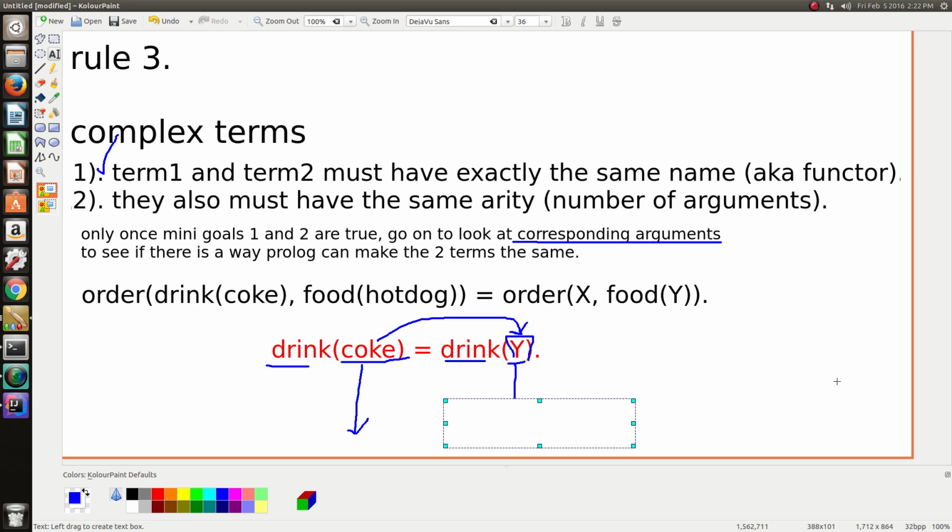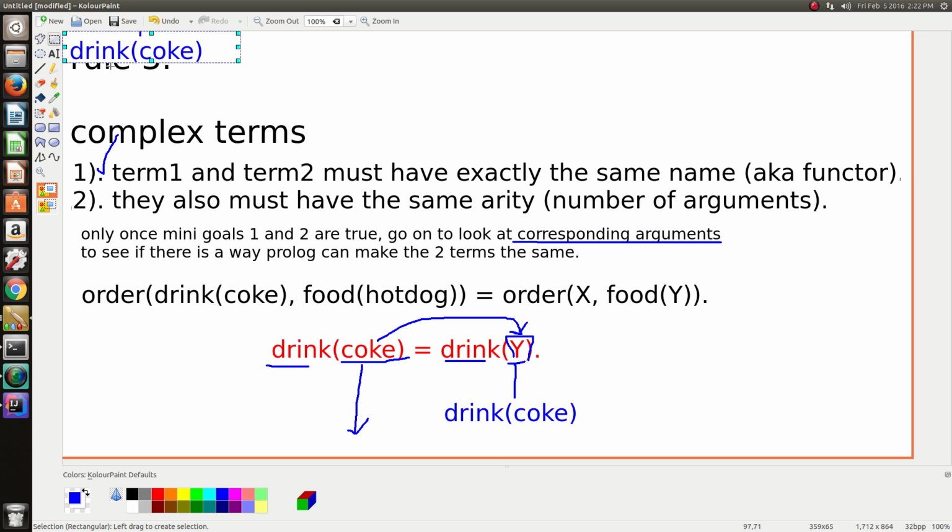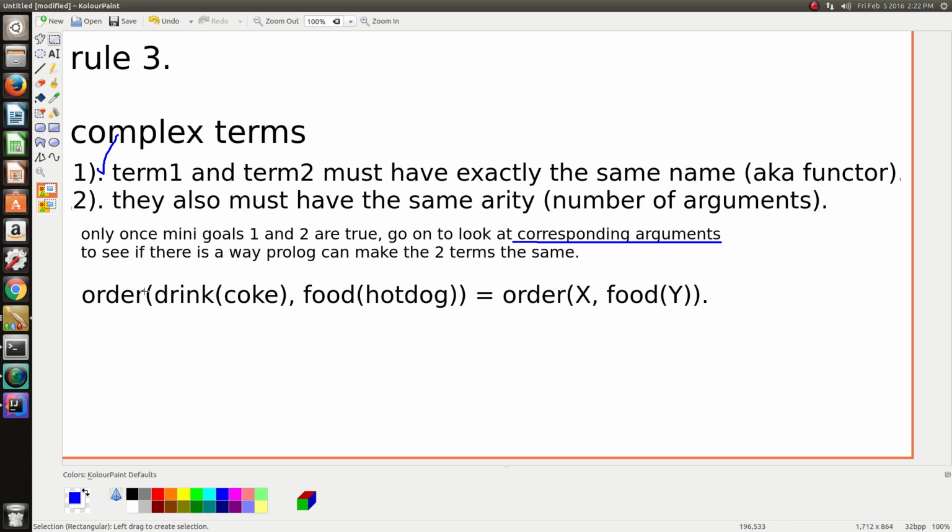So if Y can accept the value of Coke, then they are now equal each other, because all we've done here is we've taken the value of the first argument here, and bound it to Y here. So therefore we end up with this. So now the left hand side and the right hand side are equal. And that's pretty much the gist of that.